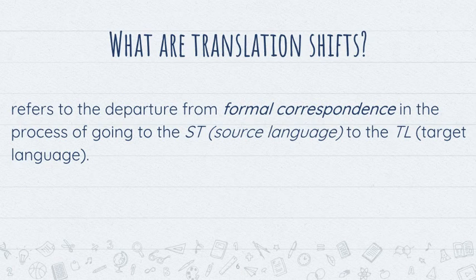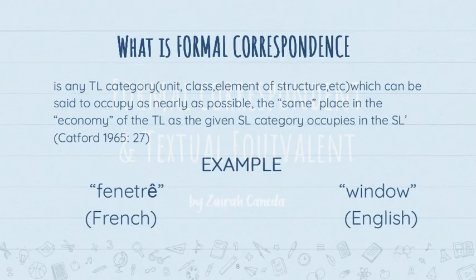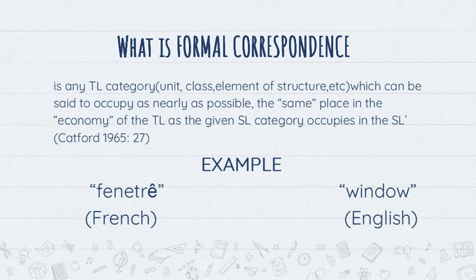Translation shift also refers to the departure from formal correspondence in the process of going to the ST or source text to the TL or target language. As far as translation is concerned, Catford makes an important distinction between formal correspondence and textual equivalence.